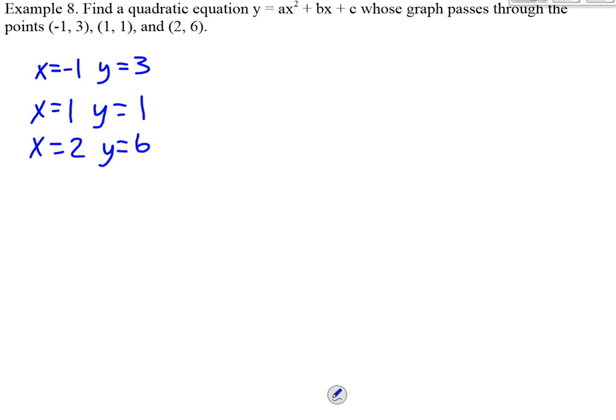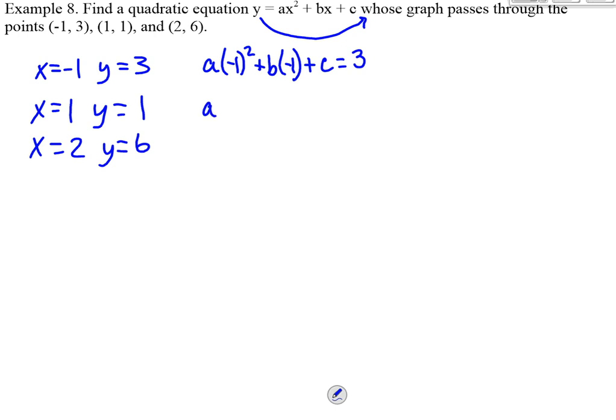Now I'll put in x's and y's here. And again, can I move that y back to the back, right? Is that okay? It really doesn't matter, but we're just used to seeing it that way. So that would be a times -1 squared plus b times -1 plus c equals y, which is 3.